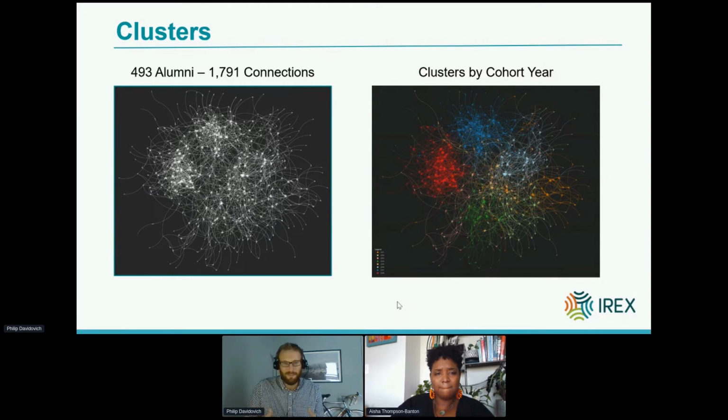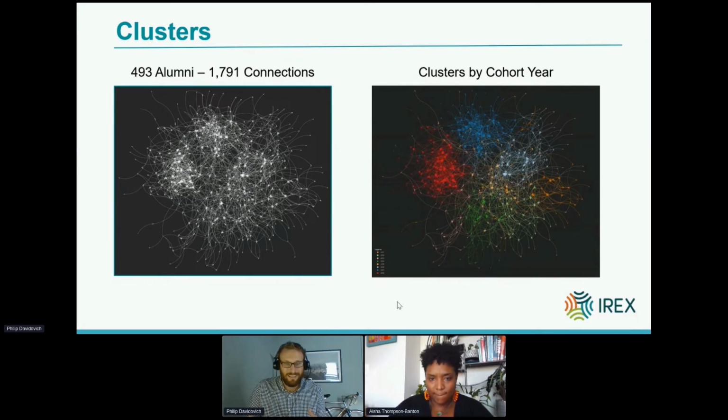But on the right, the first mechanism you can use to dissect and understand what that map represents is clustering. One approach is clustering by colors. What we see on the right here is a basic cluster by their cohort year, when they engaged in the fellowship. You can already start to see a couple of the different clusters forming. Obviously, the red and the blue look very defined, which means they're clustered almost in silos.